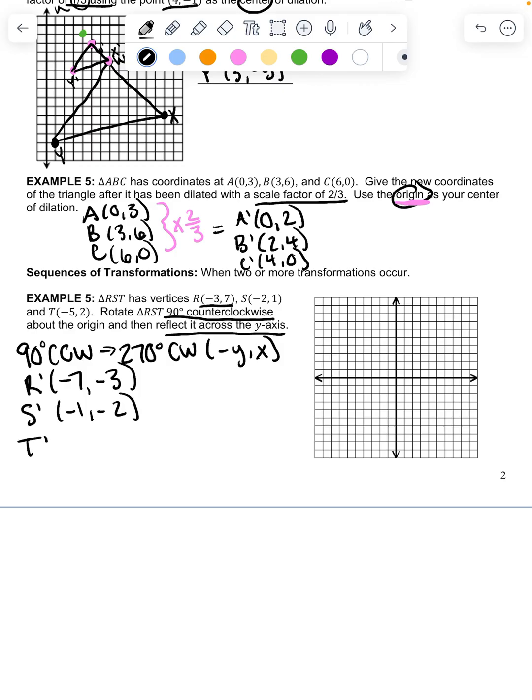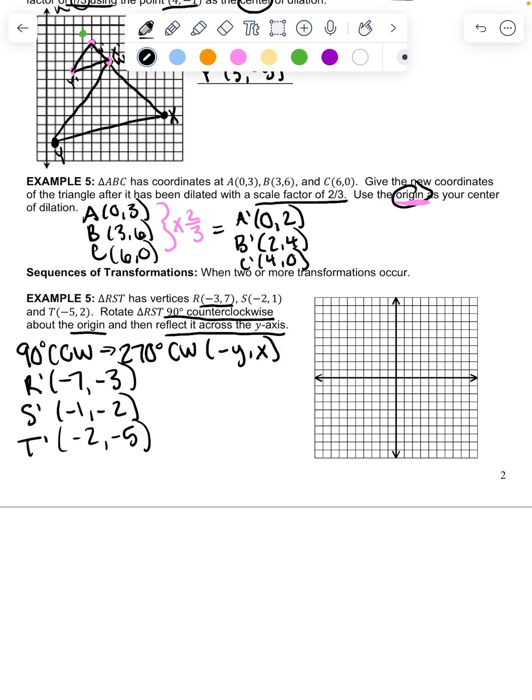And then T prime is going to be at 2, 5. All right, so that's what happens when we rotate it 270 clockwise or 90 degrees counterclockwise. Okay, it was about the origin. Sorry, I didn't mention that. That's why we were able to use that rule.